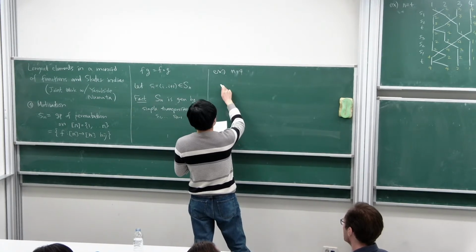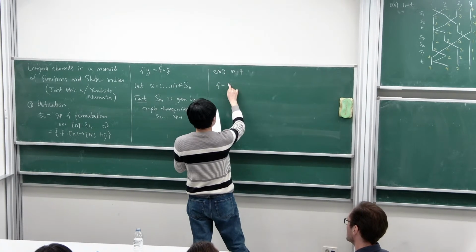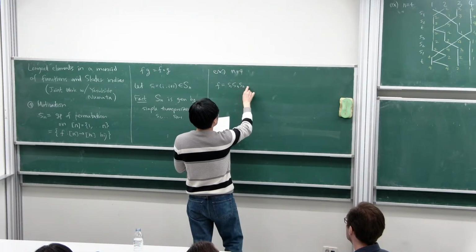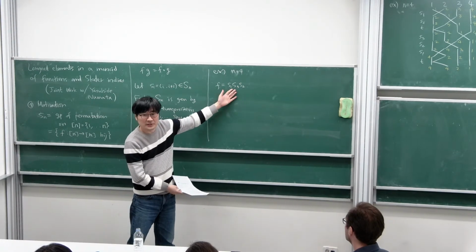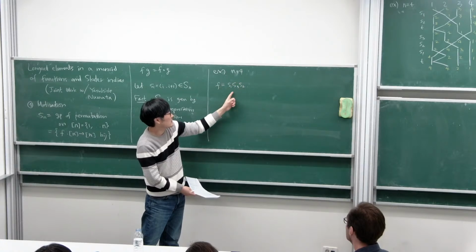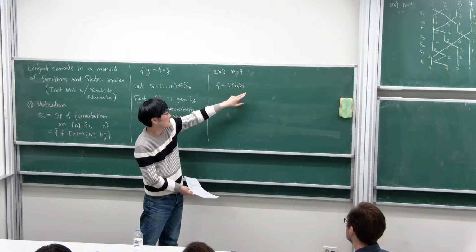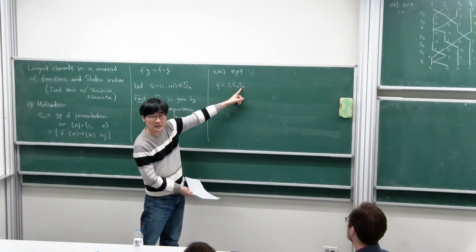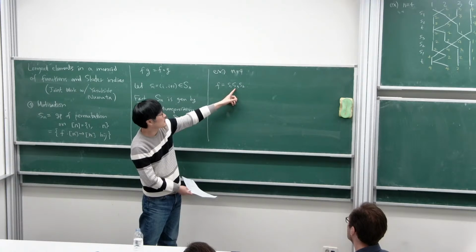Let's consider f equals s1 s3 s2. This is a function composition, so we have to read from this way. This function will send 1 to 1 because it doesn't do anything, and then 1 to 2.